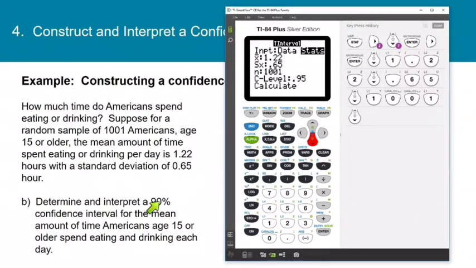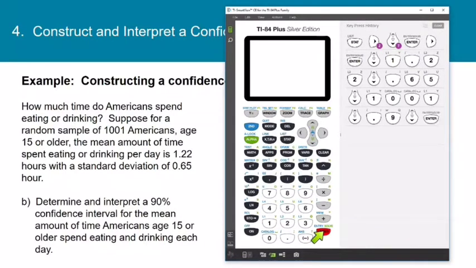This problem asked for a 90% confidence level, so we need to enter 0.90. I'll just put 0.9, and then arrow down one more time and hit enter for calculate. And there is our confidence interval, and you can check this against the numbers that we found when we did the work ourselves.